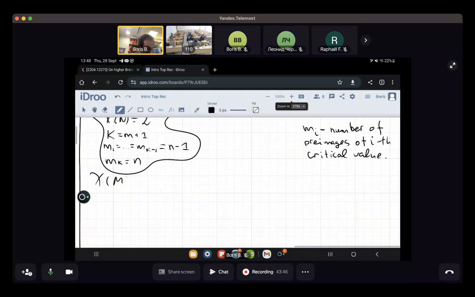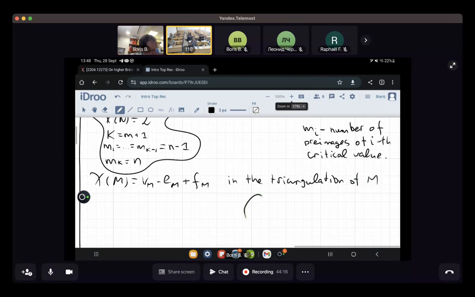The Euler characteristic of M is equal to the number of vertices minus the number of edges plus the number of faces, where if we have a triangulation, we have M1 and so on, and D minus 1, not N minus 1.